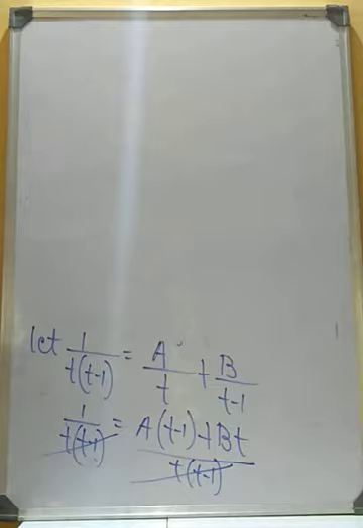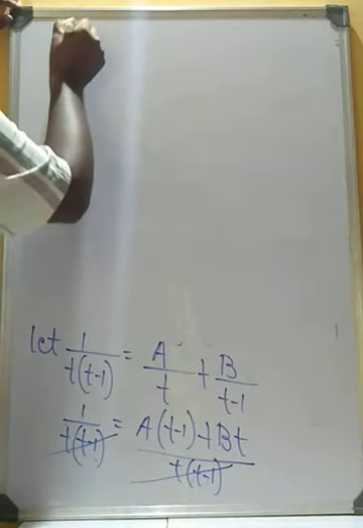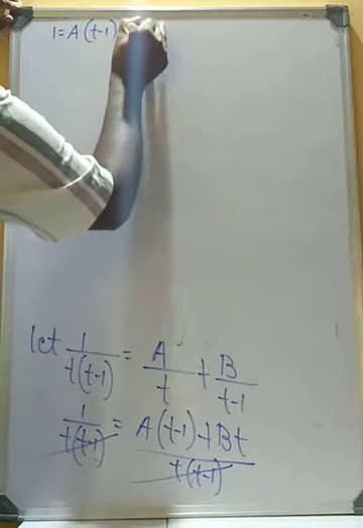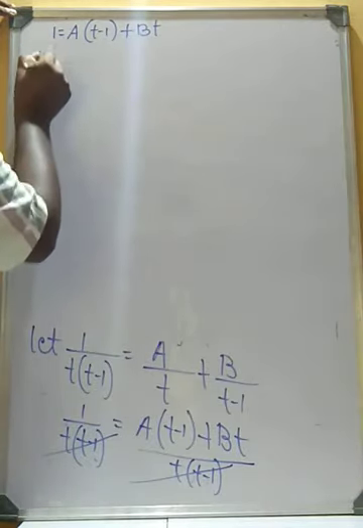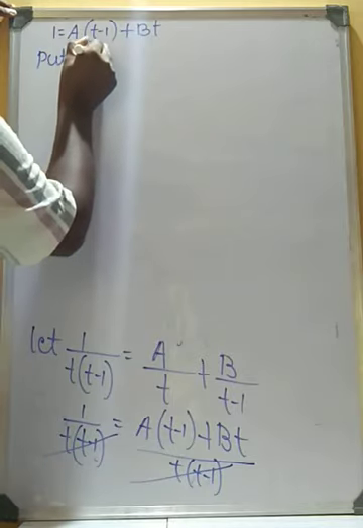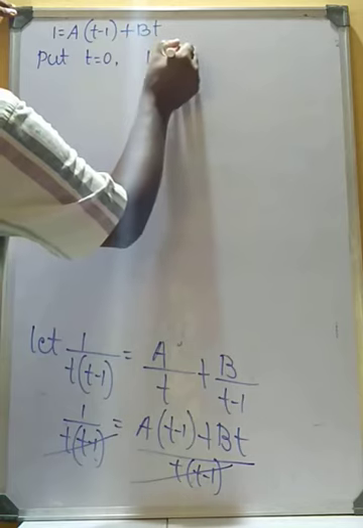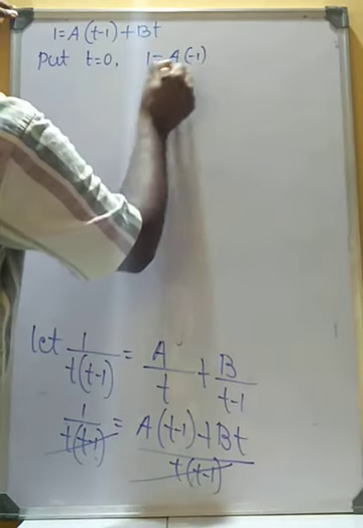So therefore 1 is equal to A into t minus 1 plus B into t. So find A and B: put t equal to 0, 1 equals A into 0 minus 1, which is minus 1.